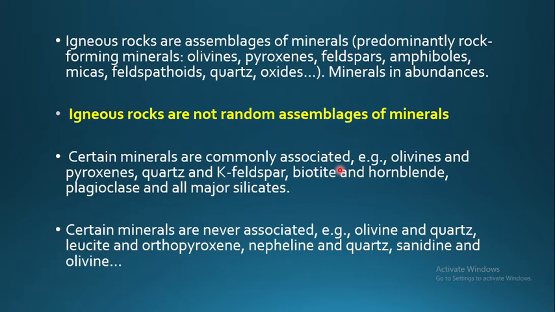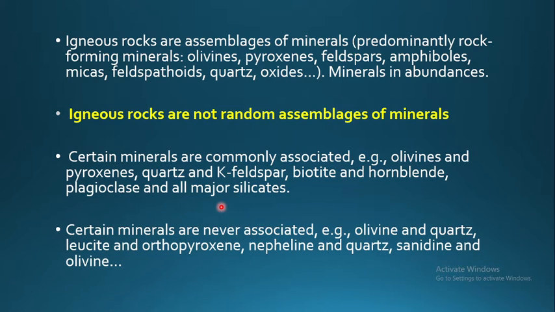There are various minerals which will usually be present in some igneous rocks. Those minerals are olivine, pyroxene, quartz, potassium feldspar, biotite, hornblende, plagioclase and all major silicates. These will commonly or predominantly associate with igneous rock.